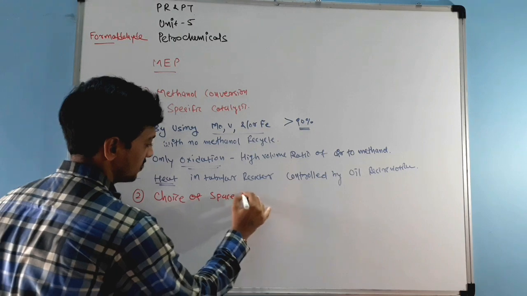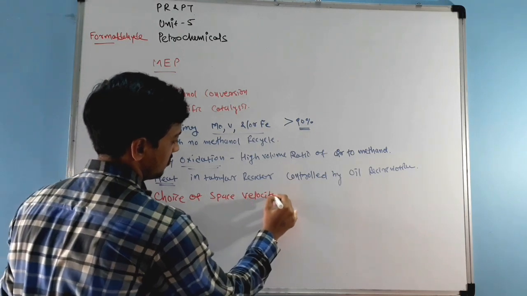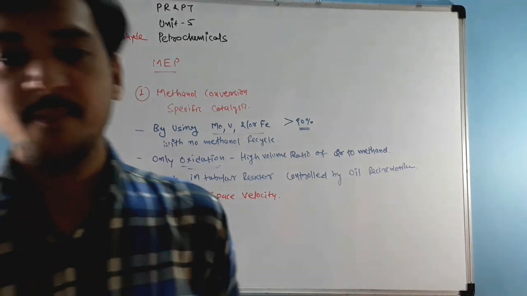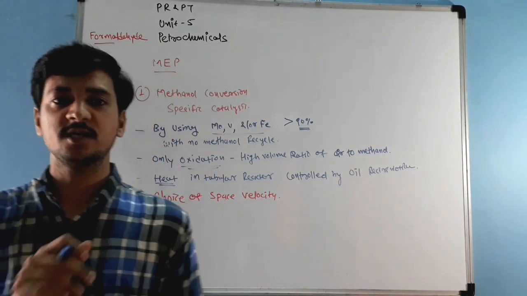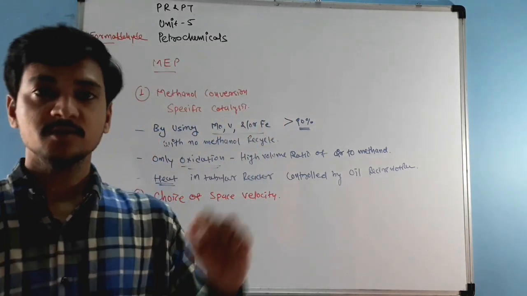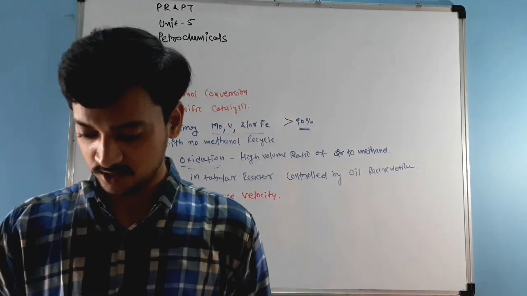Choice of space velocity. A balance between high space velocity and low space velocity is maintained because of CO and CO2 conversions.